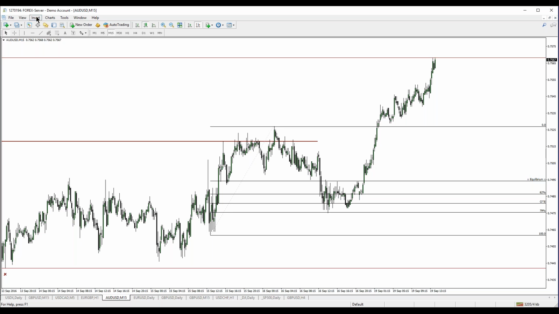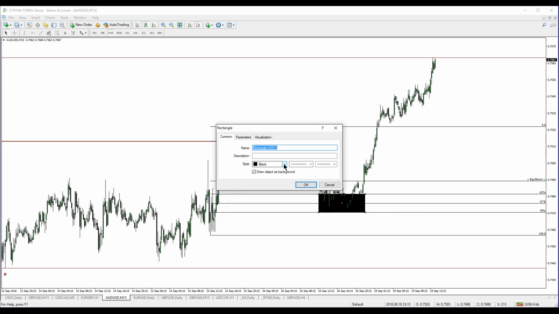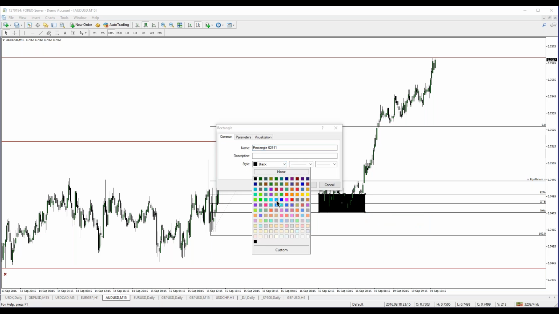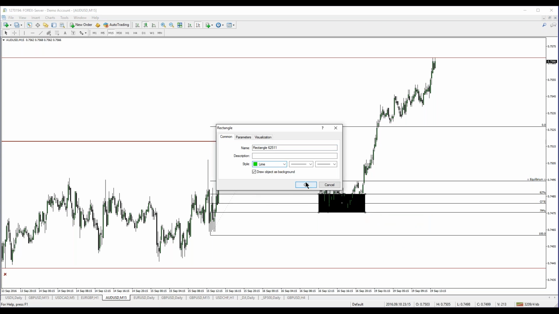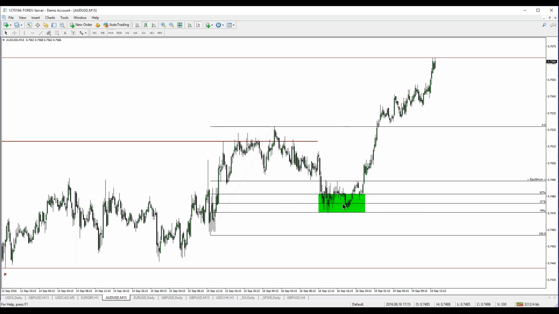So if they're buying in this area in here, then for them to be profitable, are they going to look for a 10 pip move?